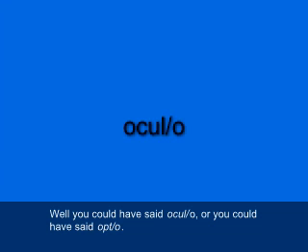Well, ophthalmo again refers to the eye. What is another word part that refers to the eye? Well, you could have said oculo, OCUL/O, or you could have said opto, OPT/O.